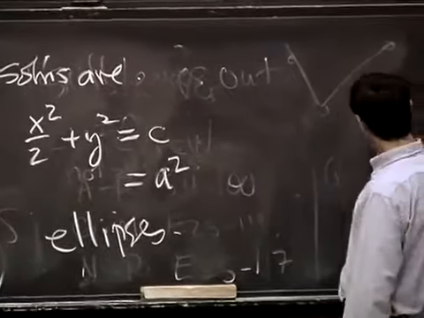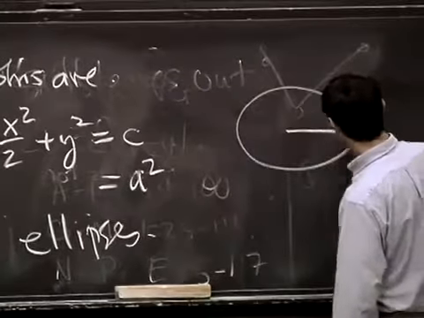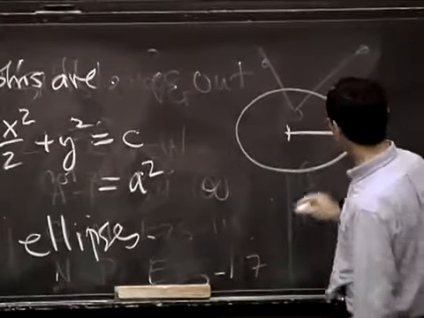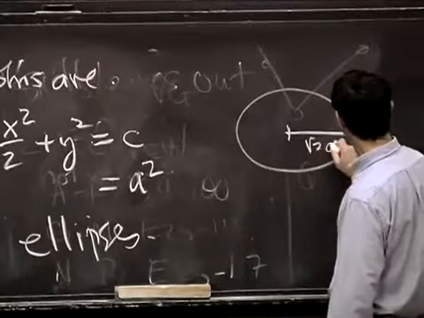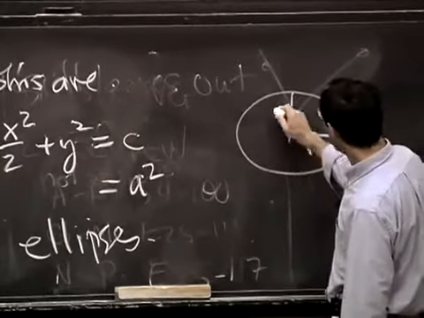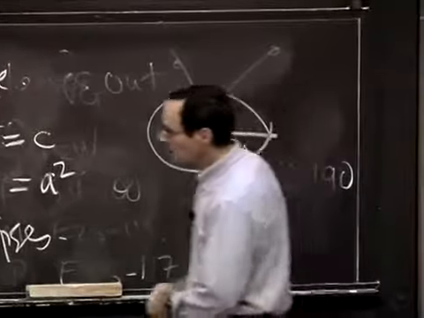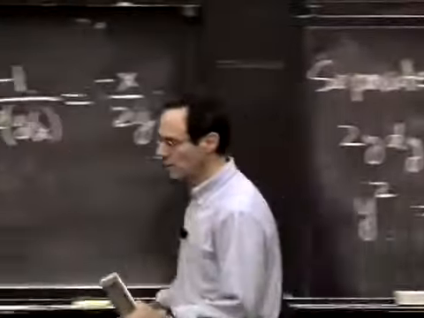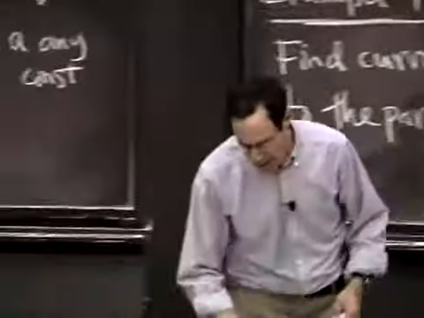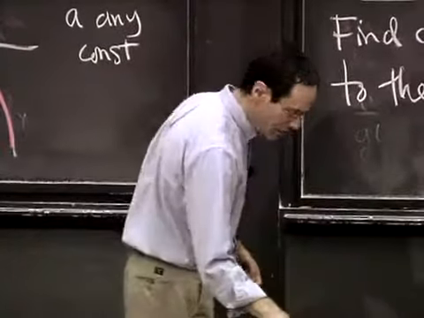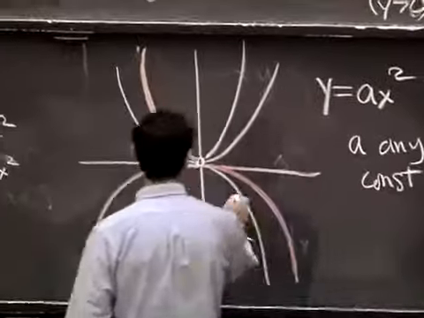And you can see that for the ellipses, the length here is the square root of 2a, and the vertical semi-axis is a. So this is the kind of ellipse that we've got, and if I draw it on the previous diagram, I think it's somewhat suggestive here.